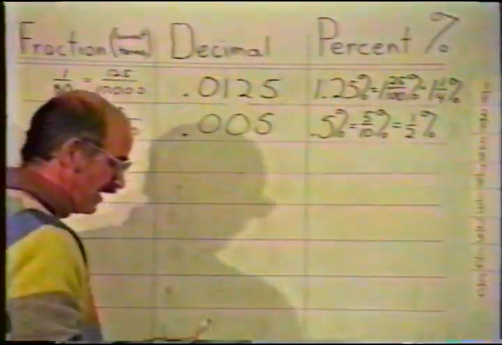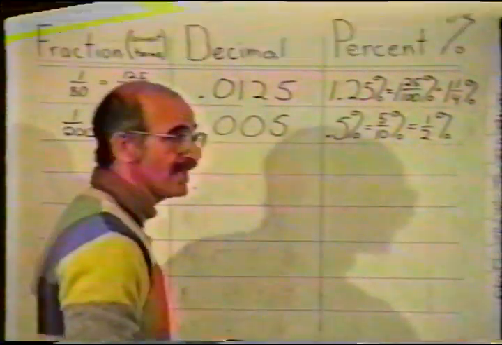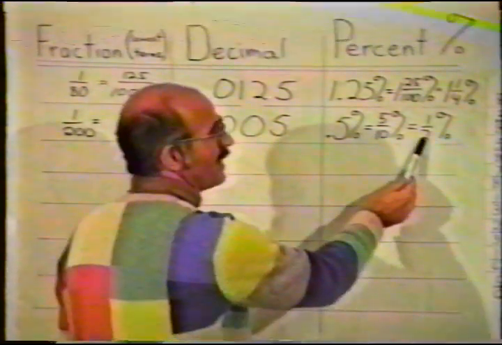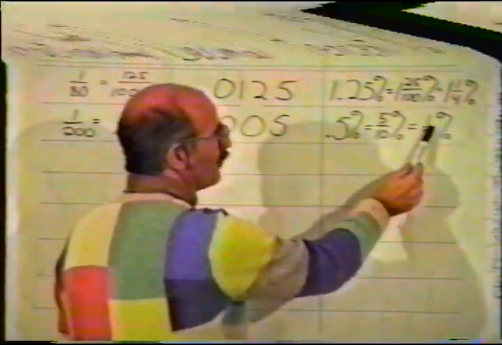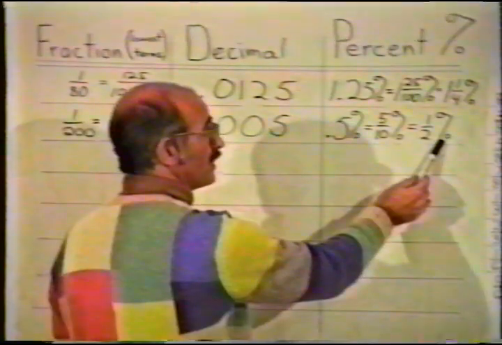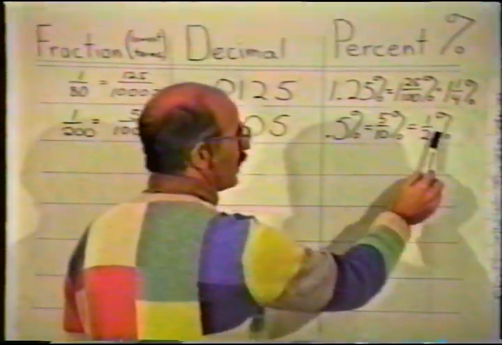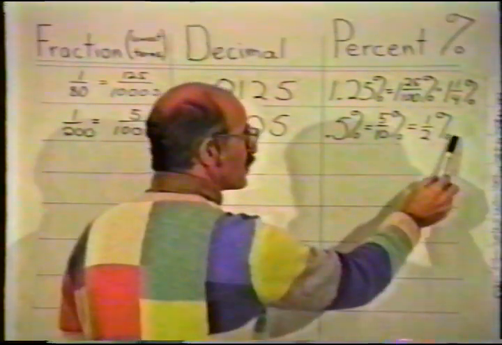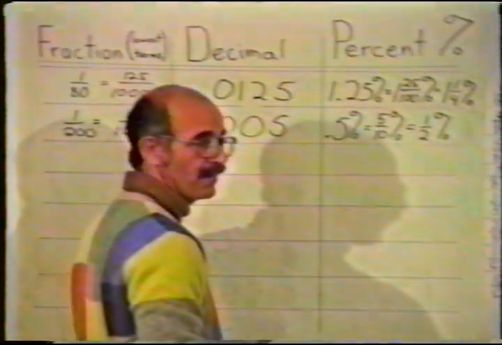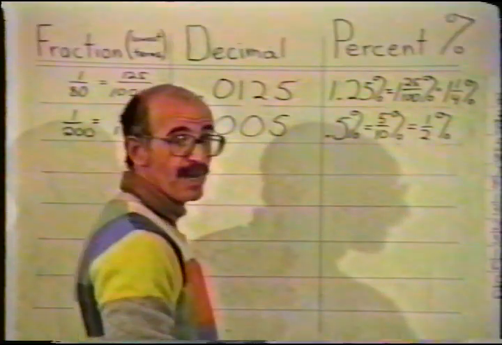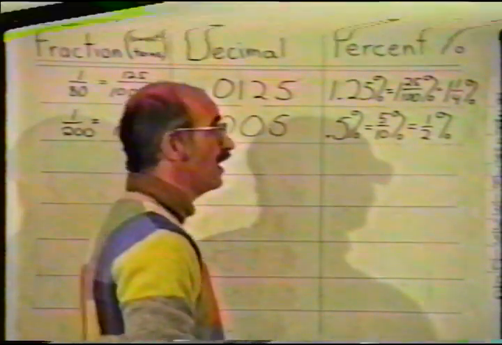If you have a percent that is just a fraction, a simple fraction in front of the percent sign, you can just take away the percent sign and put 2 more zeros in the bottom number. Putting 2 more zeros in the bottom number is like dividing by 100.